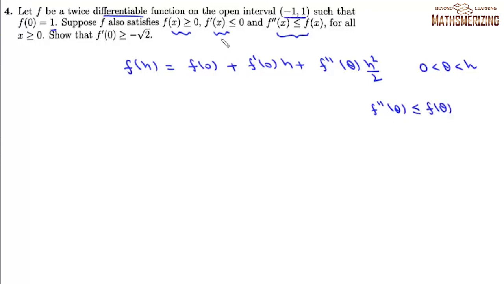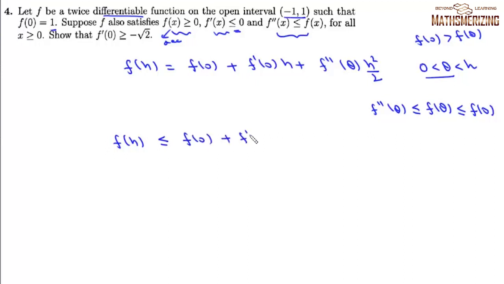Now since f'(x) is less than or equal to 0, it simply means f(x) is a decreasing function, and if f(x) is decreasing, then f(0) will be greater than f(theta). So f(theta) will be less than or equal to f(0). f(h) will be less than or equal to f(0) plus f'(0)h plus f(0)h square by 2.